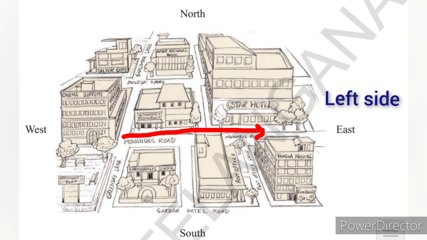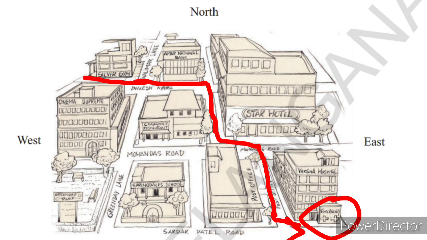Right side is Star Hotel and left side is Supreme in your picture. So if you walk from that side to this side, Chauhan's restaurant is on which side? So when you're walking in that direction, you'll get Chauhan's restaurant on the left side. Okay.